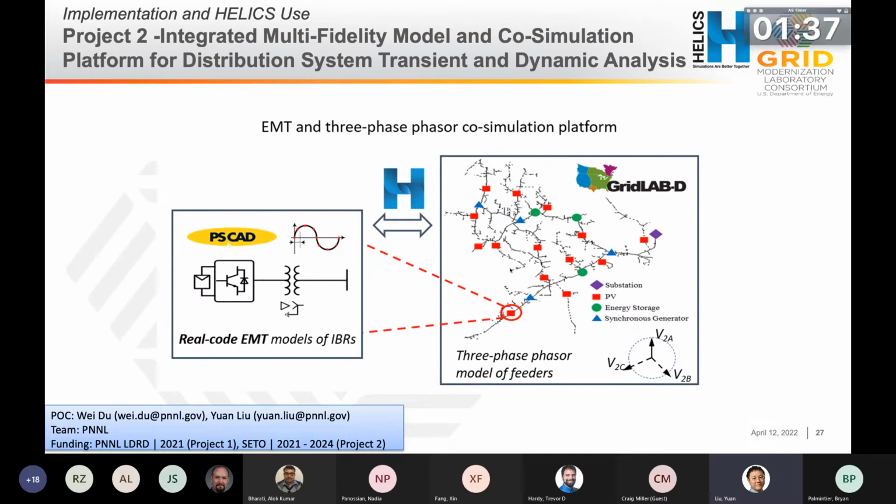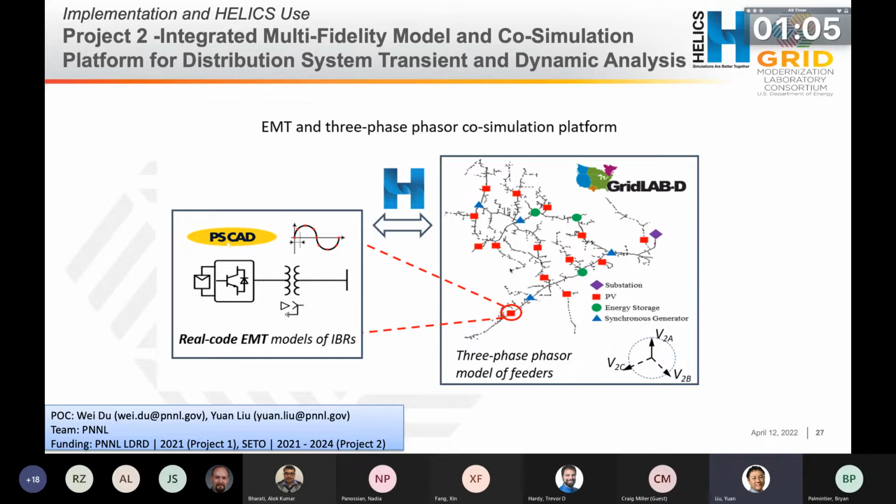This is the second project we are working on right now. In this project, we want to use HELICS to connect PSCAD and GridLAB-D. In PSCAD, we have the grid forming and grid following inverters modeled, and in GridLAB-D we are testing a very simple two-bus system, and we will move on to the IEEE 34 node test system.